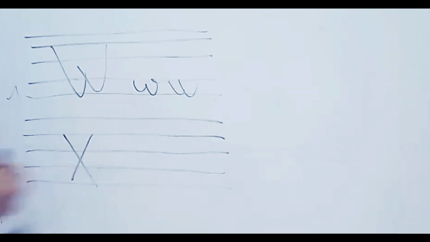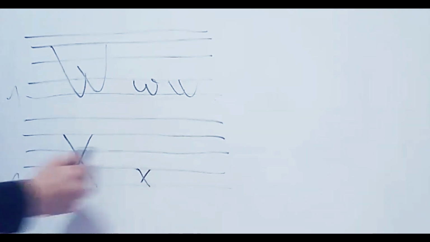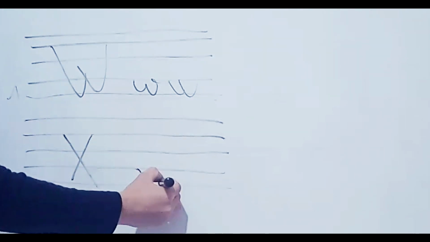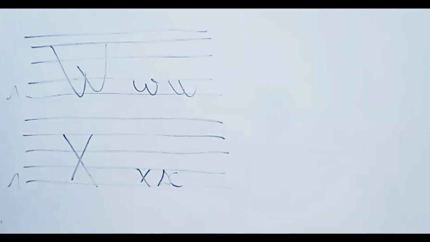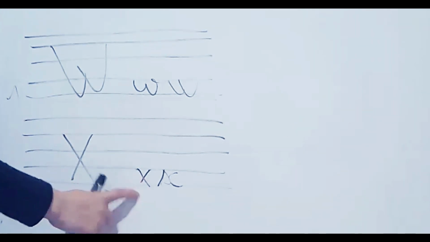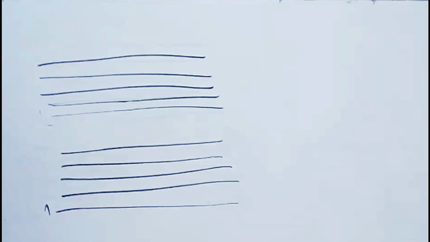This is the capital letter X. And this is the small letter X. You have another way of writing the X, which is like this. الطريقة المنفصلة تكتب بهذه الإكس، والطريقة المتصلة بهذه.